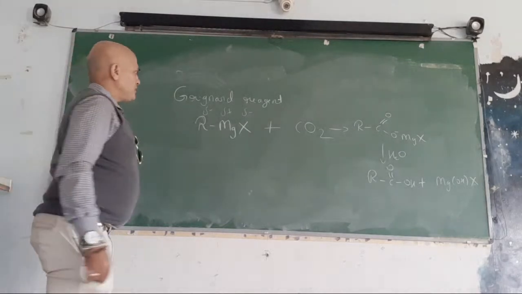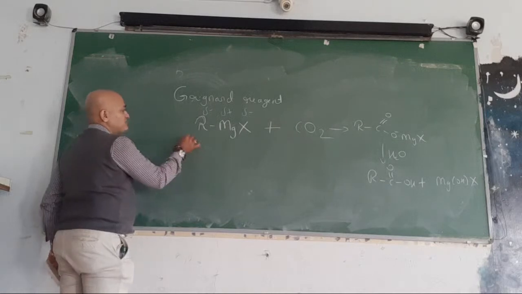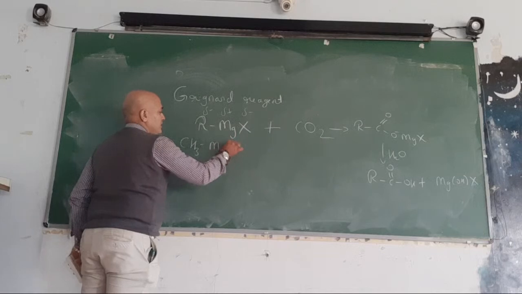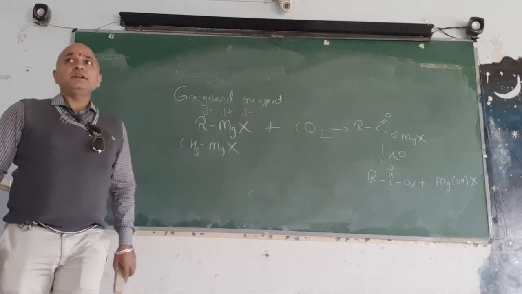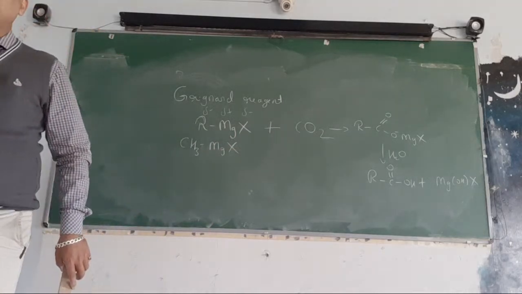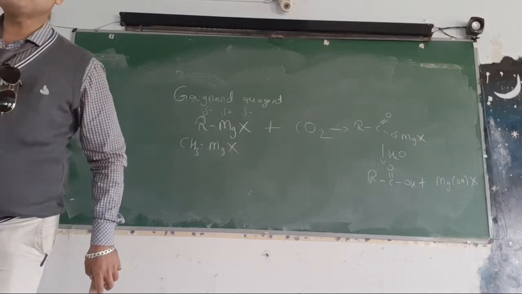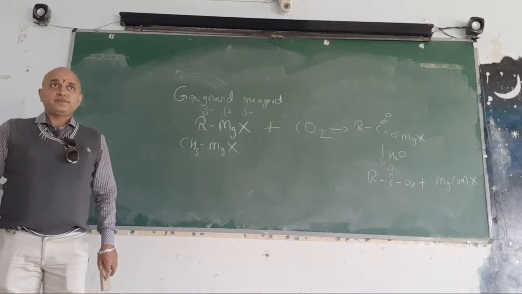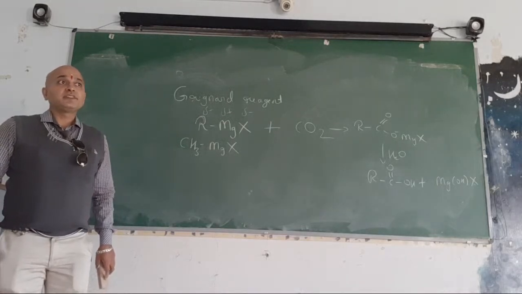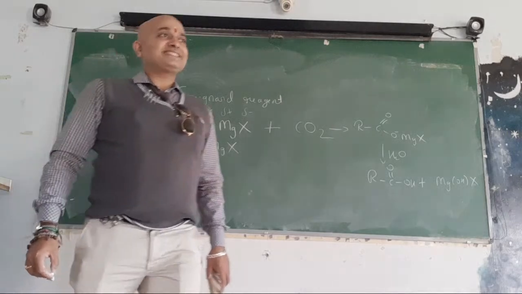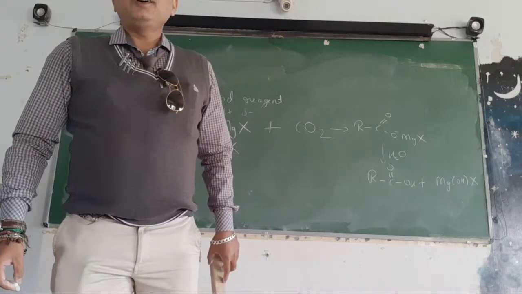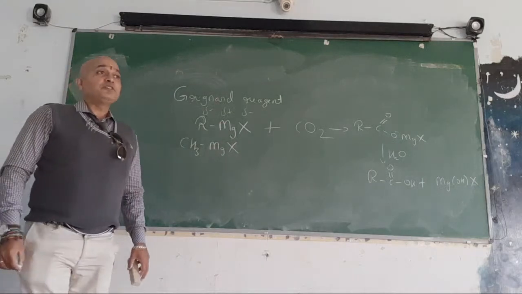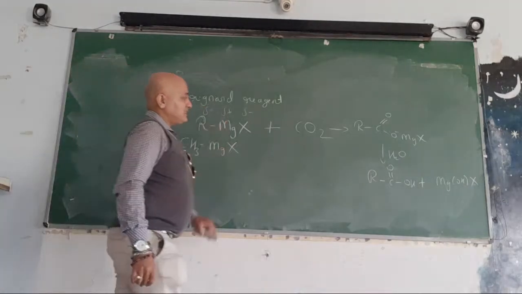Now if you observe, for example, I have started with methyl magnesium halide. Which carboxylic acid do you expect? Formic acid or ethanoic acid? How is it possible? We have started with a methyl group, right? That is the specialty of this method.